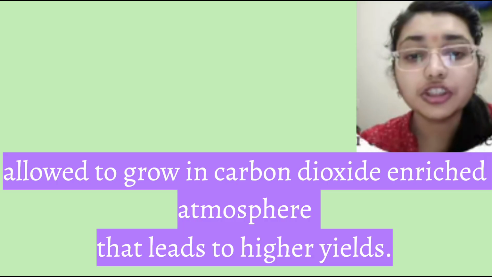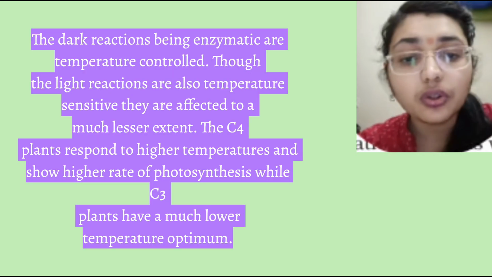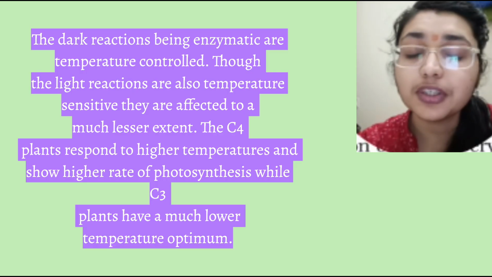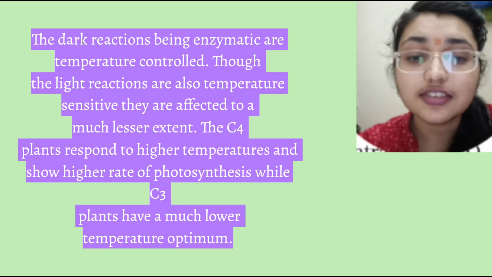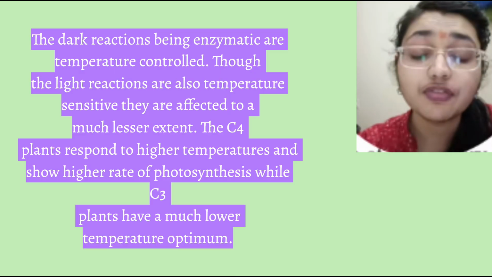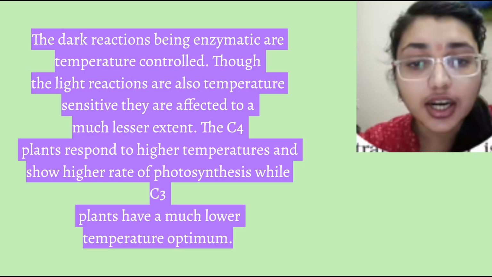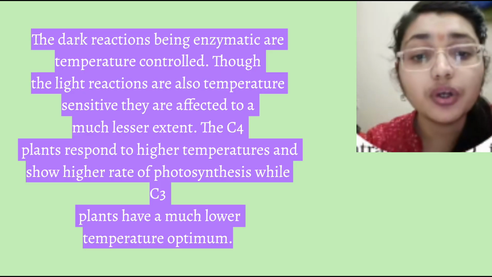Then temperature. The dark reactions are enzymatic and temperature controlled. Though the light reaction is also temperature sensitive, it is affected to a much lesser extent. C4 plants respond to higher temperature and show a higher rate of photosynthesis, while C3 plants have a much lower optimum temperature.